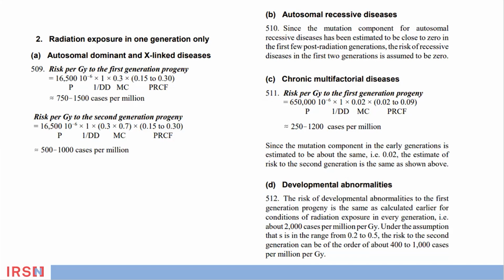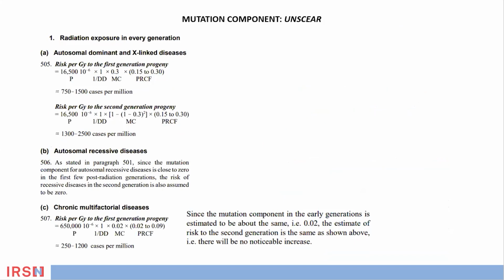The calculation for the second generation is a little bit different from the first slide you showed. In the first slide, 0.7 was squared, and here it is not squared. So that's why you get a different number below, and then you get a higher number here.